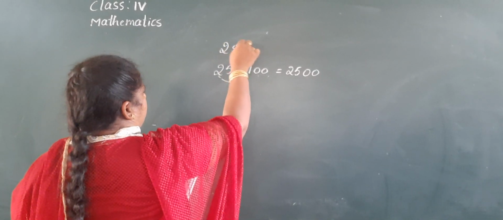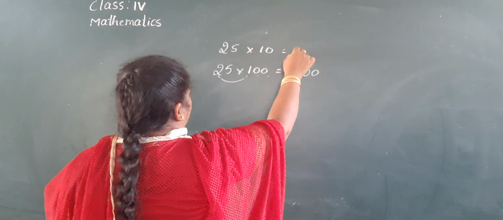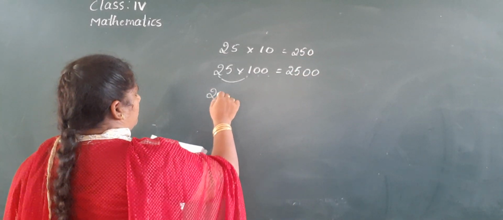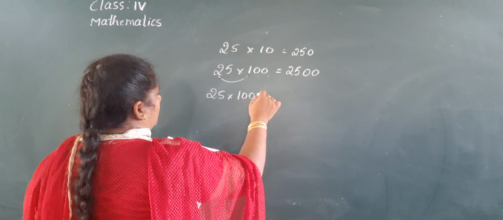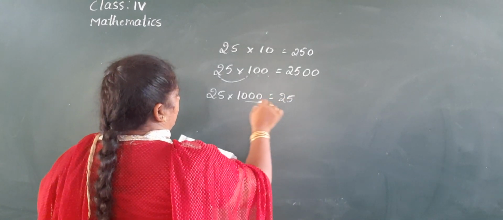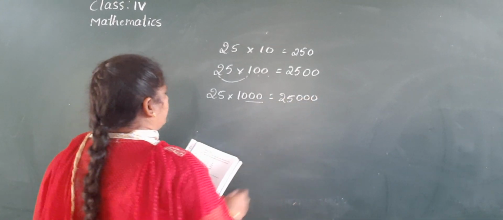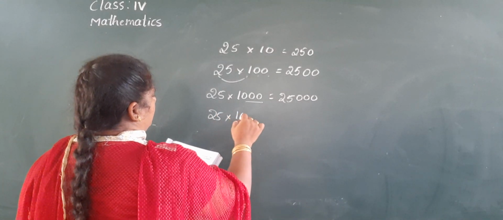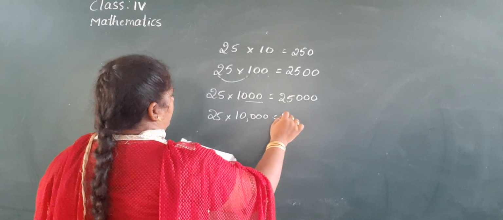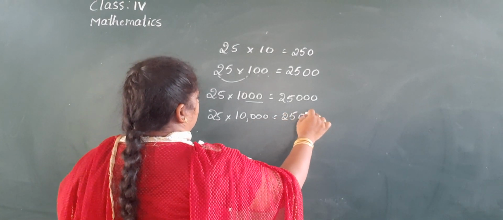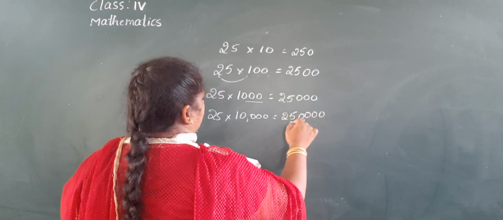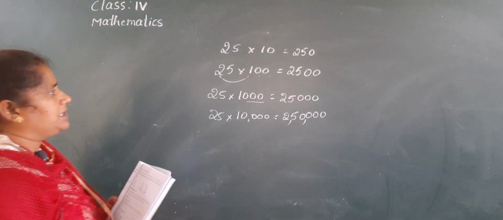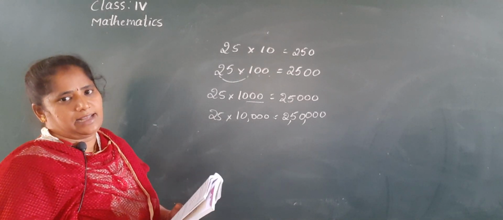The same 25 into 10, same number 25 and we keep 0 to the right side of the product. The same number multiplied by 1000, we get 25 and keep 3 zeros to the right side of that number. Now 25 into 10,000, same: 25 and we keep 4 zeros. So 2,50,000. Like this we will multiply the numbers by 10, 100, 1000 and 10,000.